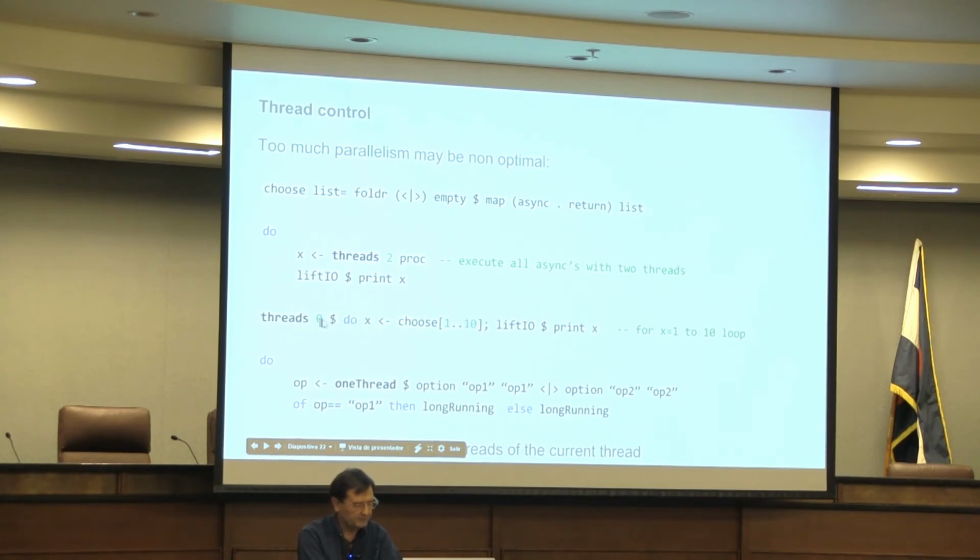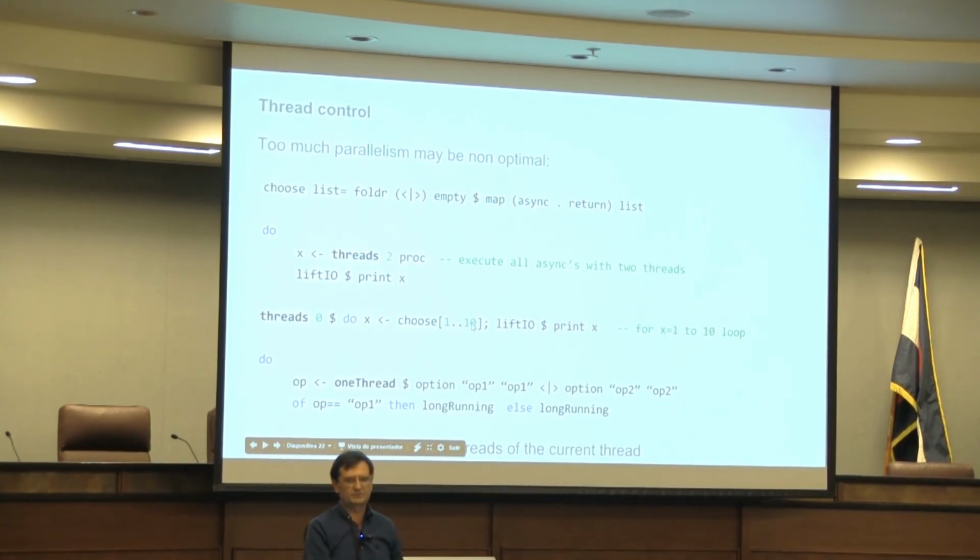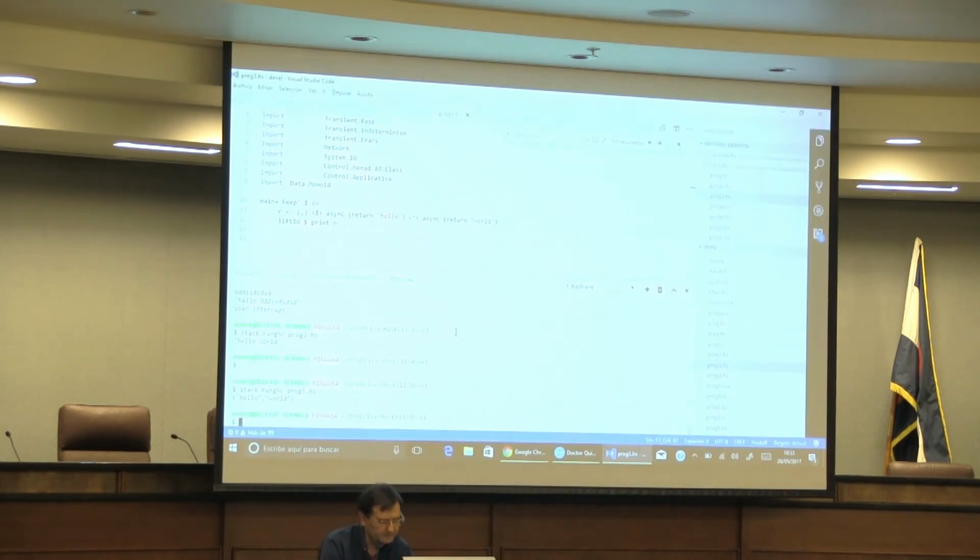So if we don't control the number of threads, if this is 1,000, we will have 1,000 threads. This is not optimal. What we have to do is limit the threads with this primitive. This is really a loop without extra threads, because we don't allow new threads. So the current thread performs all the loop, all the processing sequentially.